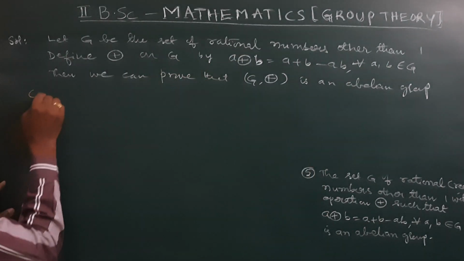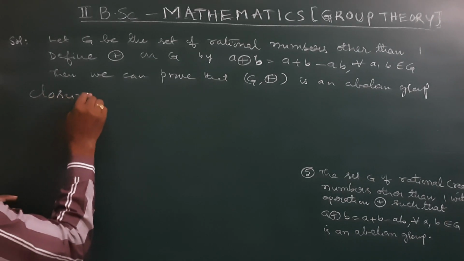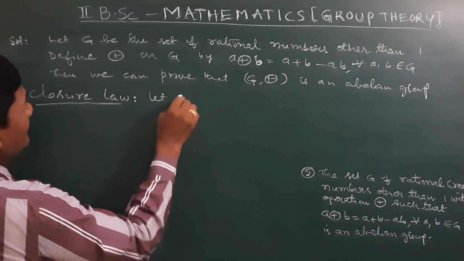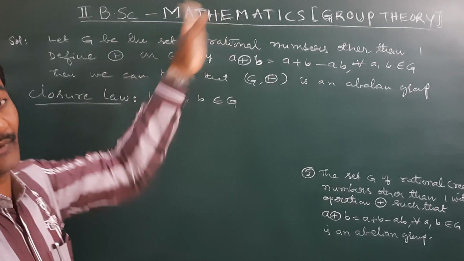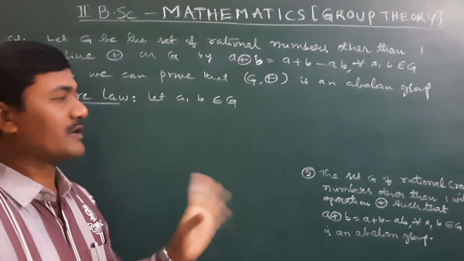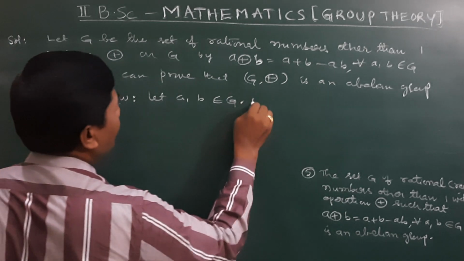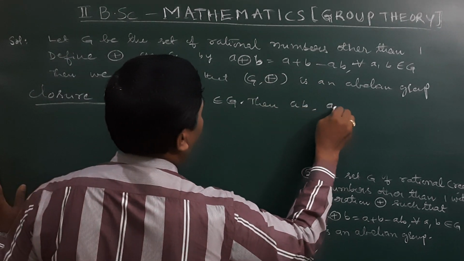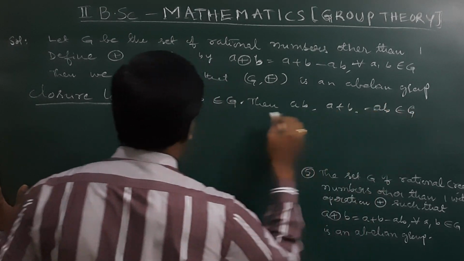How can you prove that? First, immediately, the closure law. Closure law: let A, B belong to G. Because G means the set of rational numbers, the set of rational numbers is always a group with respect to addition only. So then immediately A into B and A plus B minus AB are also in G only.